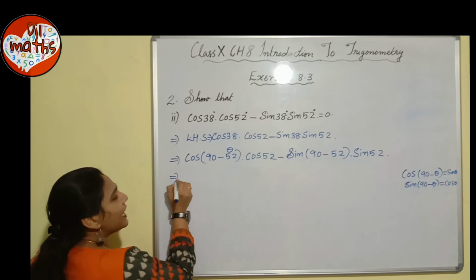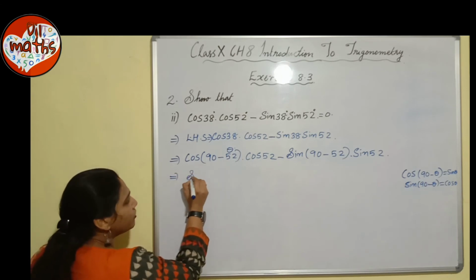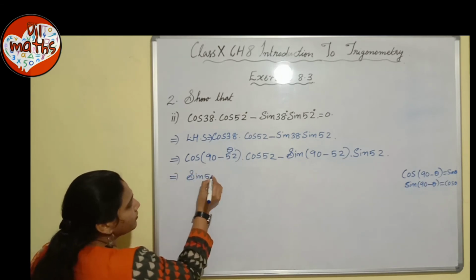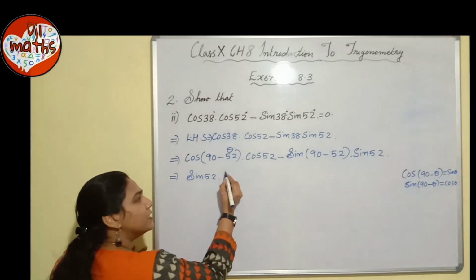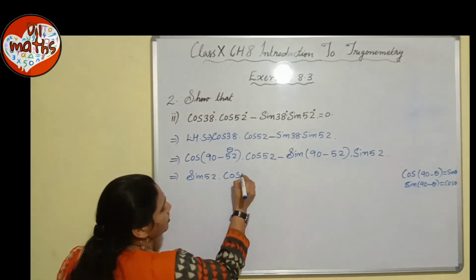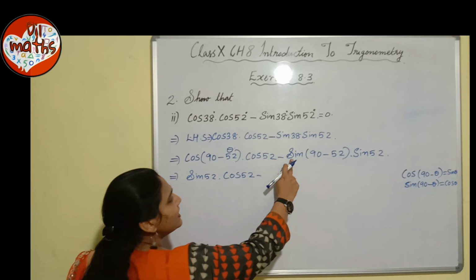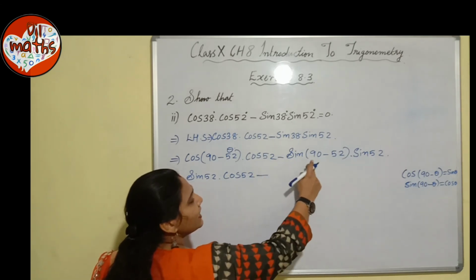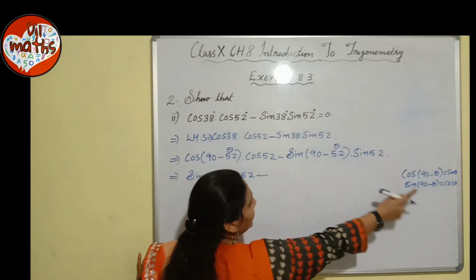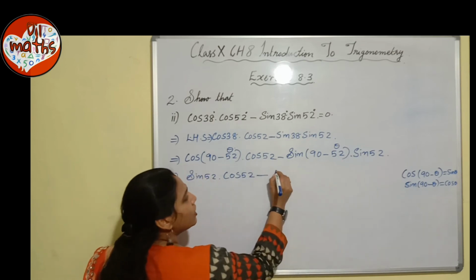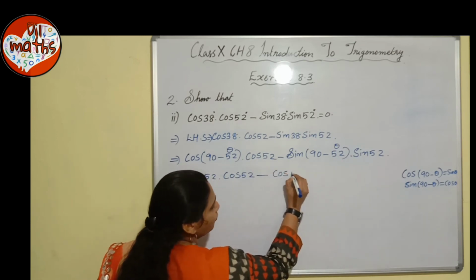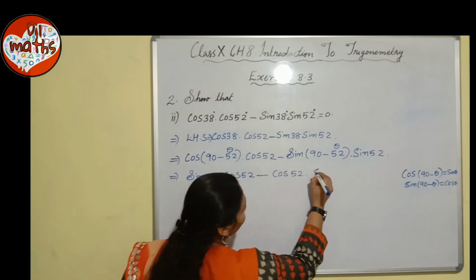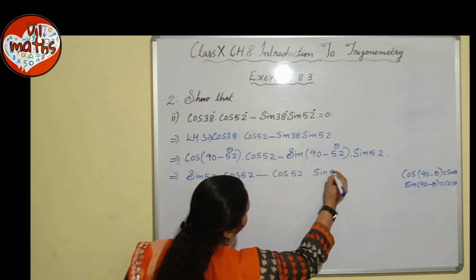So what is cos 90 minus 52? Sin 52, into what is remaining, the cos 52, minus sin 90 minus theta. What is sin 90 minus theta? Cos theta. So what is theta here? 52. Cos 52 into sin 52.